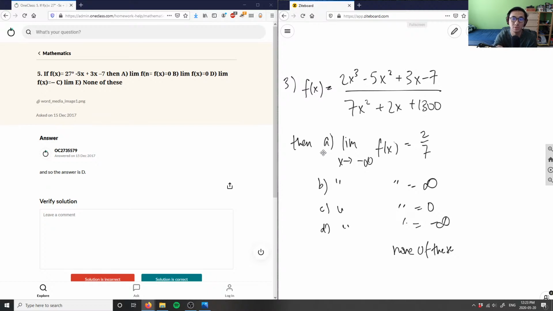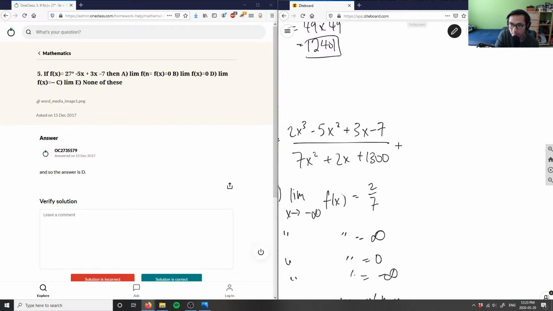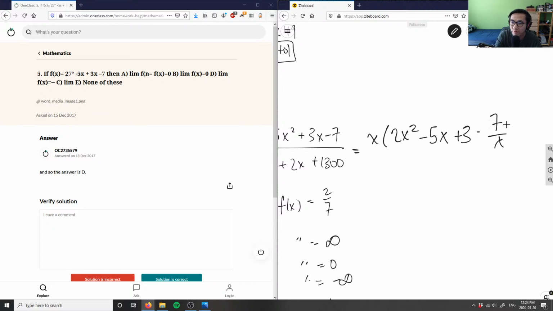So what we can do is simply sub in -infinity into their function here. So let's sub that in. What would I get? We'll get 2 times negative infinity cubed, which is simply negative infinity. Actually, what I can do is partially factor out the x's here, so some of these x's cancel out first. Let me factor out x here, and I get 2x squared minus 5x plus 3 minus 7 over x.